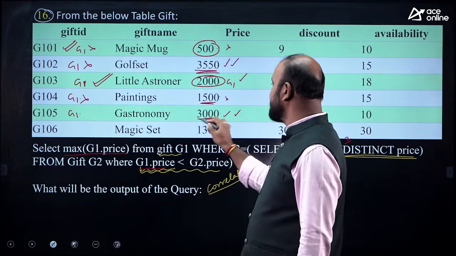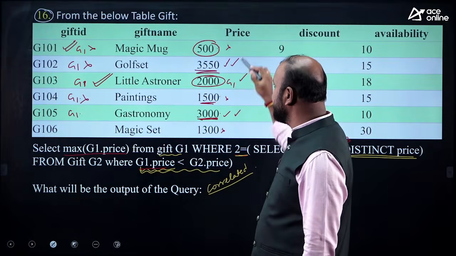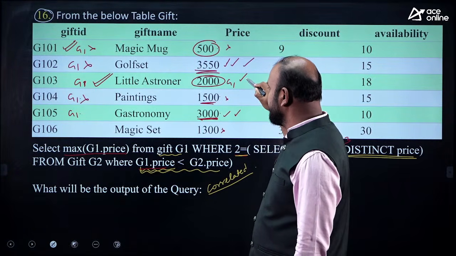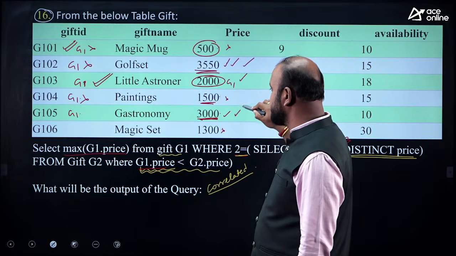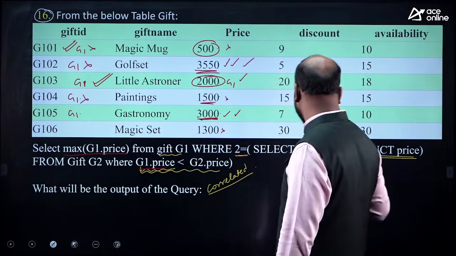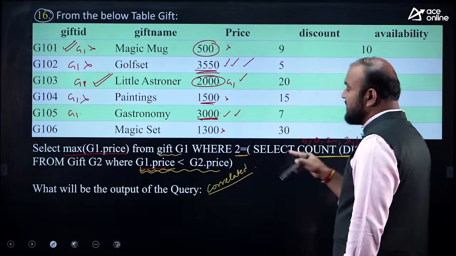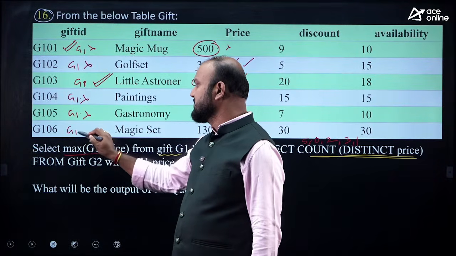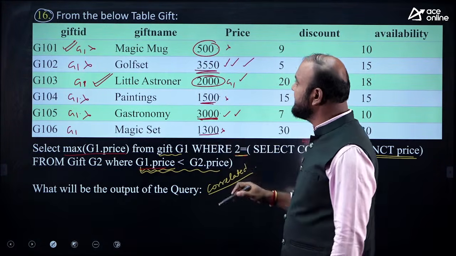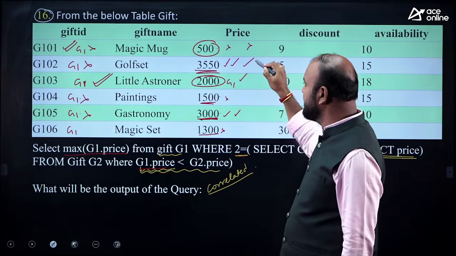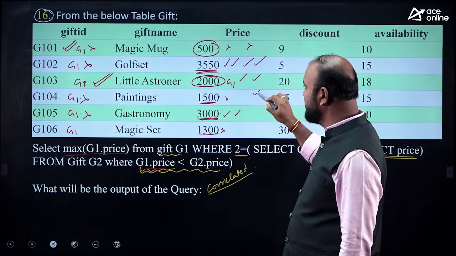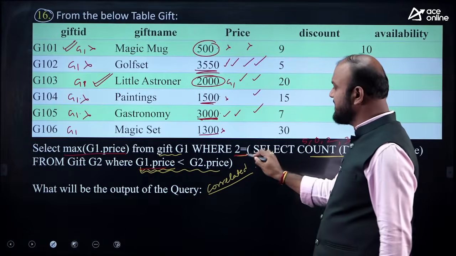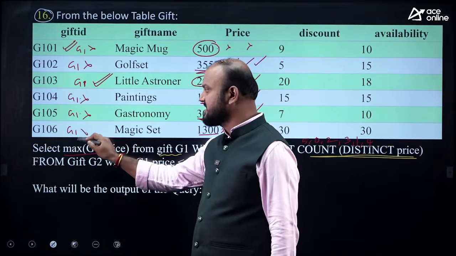The price is 3000, less than 500, false, less than 3550, true, 2000 false, 1500 false, 1300 false. The count is 1, so equal to 2 is false. Magic set as gift G1, with the remaining gifts: 1300 less than 500, false, then true, true, true, true, so the count is 4. Checking with equal to 2, this gift is also not selected.